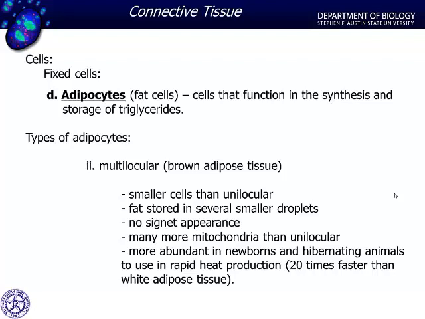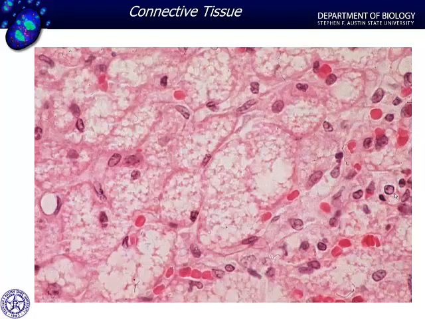You're going to have more mitochondria in these, and the reason for the difference is the brown adipose tissue is going to be much better at heat production, 20 times faster than we see with the white tissue. But quickly, as we move from newborn or as hibernating animals, as they move into their wake periods, that brown adipose tissue is going to be lost and replaced and used as white adipose tissue.